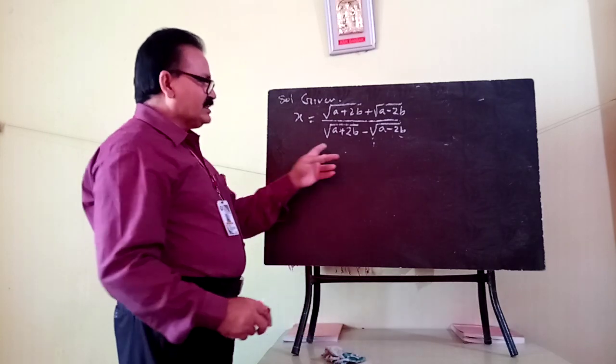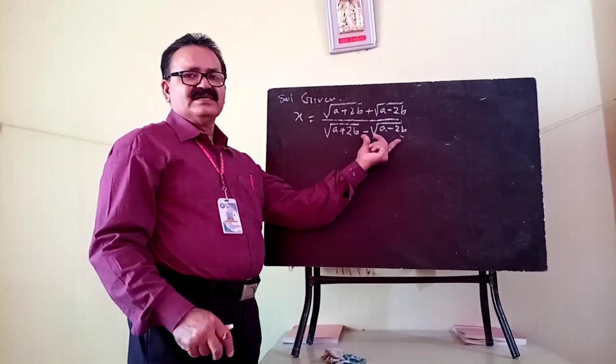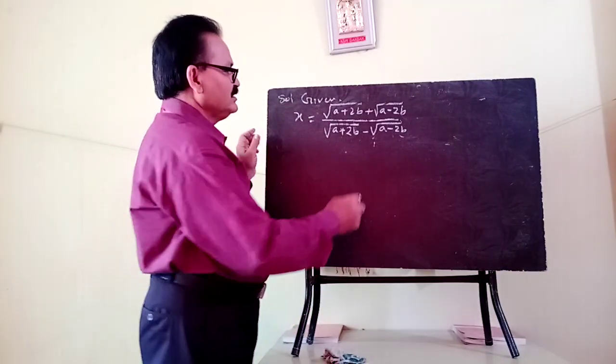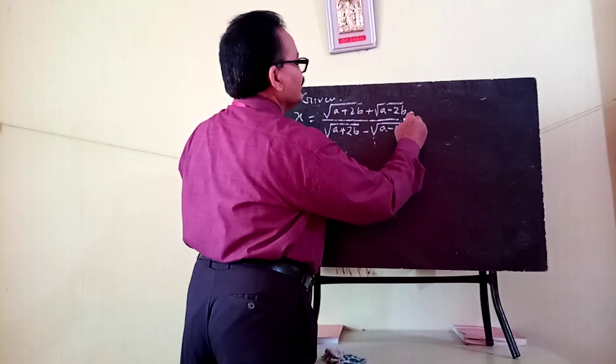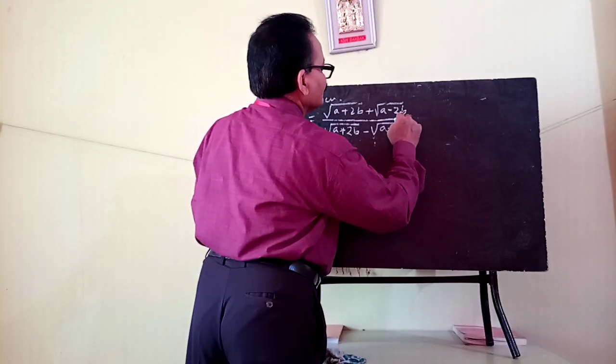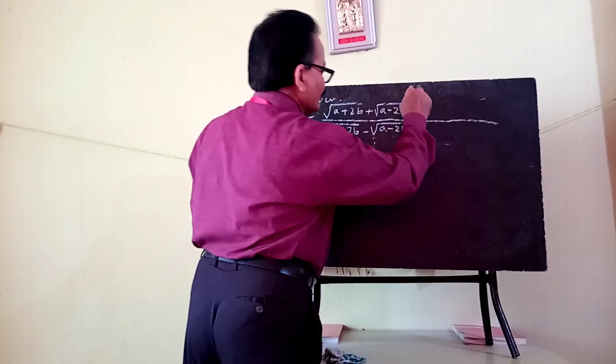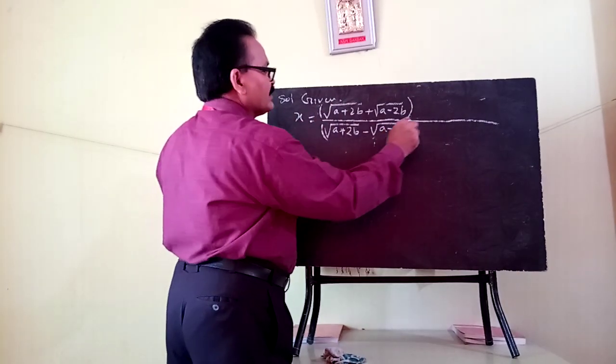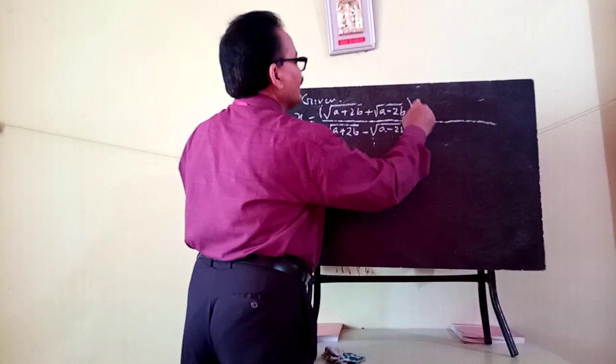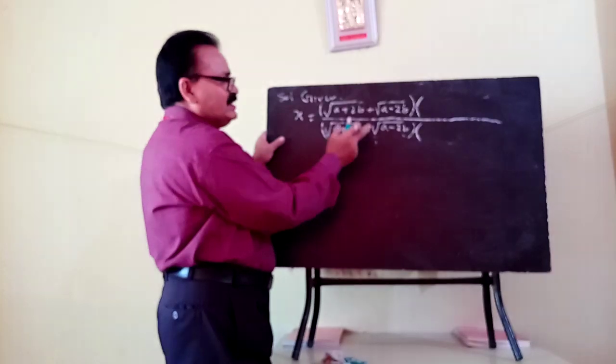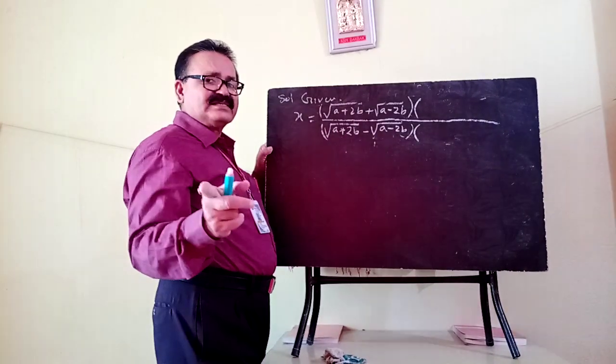Now you see the denominator is a minus b. So by rationalizing the denominator, you have to multiply both numerator and denominator, you have to make it a bracket, by its rationalizing factor.